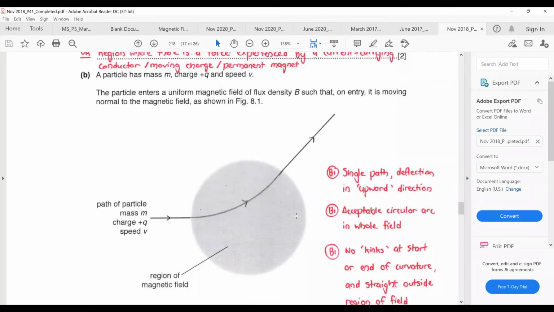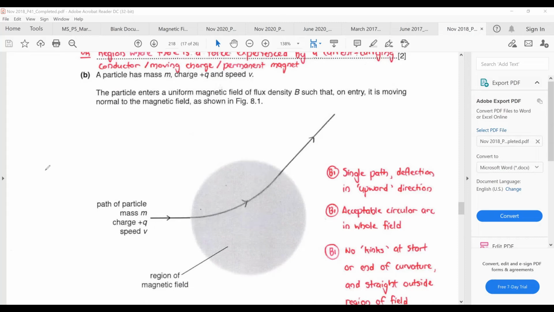So what you can do here is basically this. You know that your charged particle, when it enters perpendicular to your magnetic field, will move in the arc of a circle, but you don't know whether it's going to be in this direction or in this direction. So how do you know which of those two directions your charged particle will move?